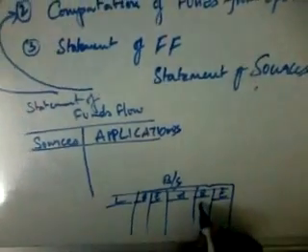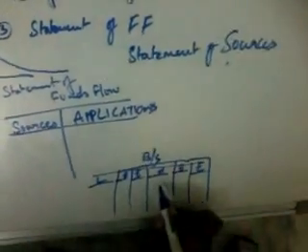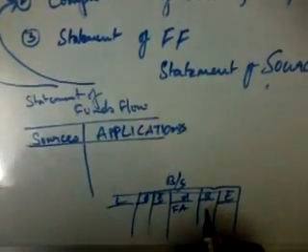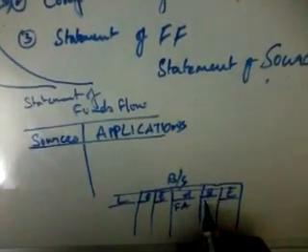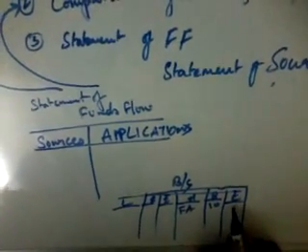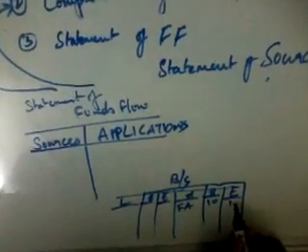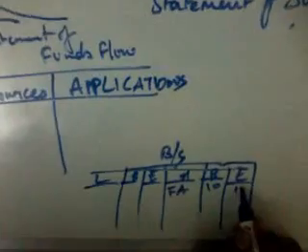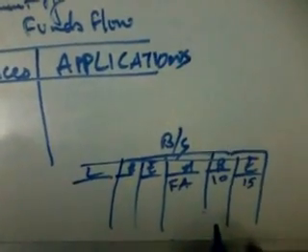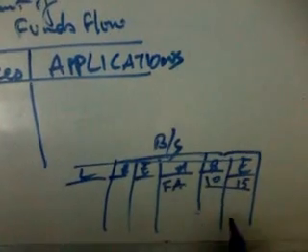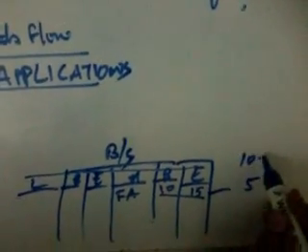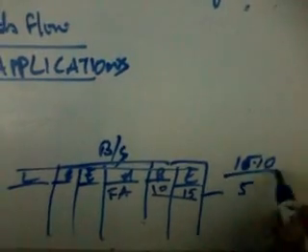If in the beginning of the year the fixed asset is, suppose, 10, while at the end of the year the fixed asset is 15, which means something happened here. 5,000: 15 minus 10 is 5.